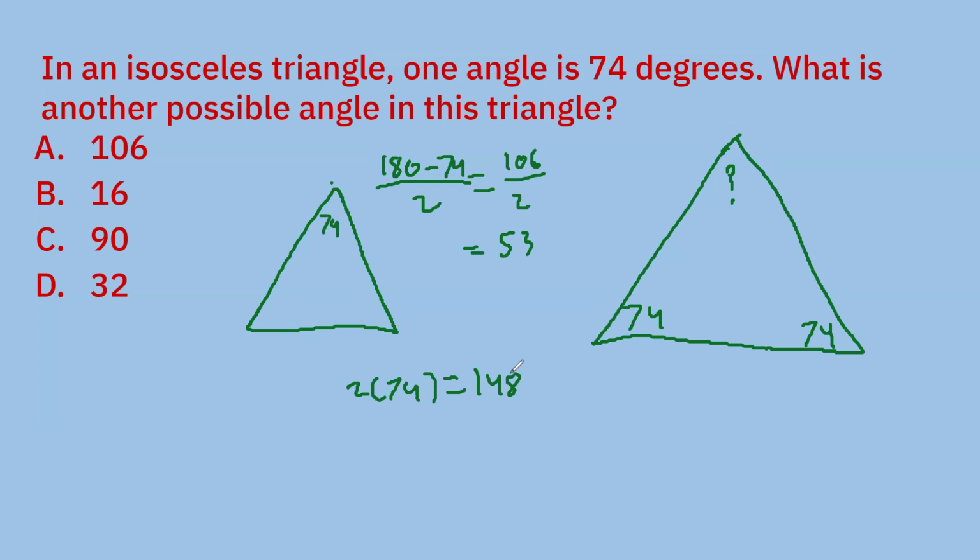And then we're going to do 180 minus 148, and that gives us 32. So that's a possible angle. So the 2 answers you could have had were 53 or 32, but 53 wasn't an answer choice, but 32 is, so we go with D.